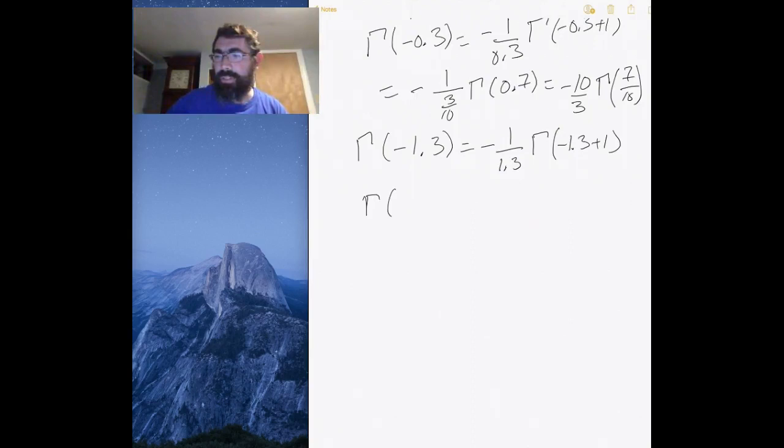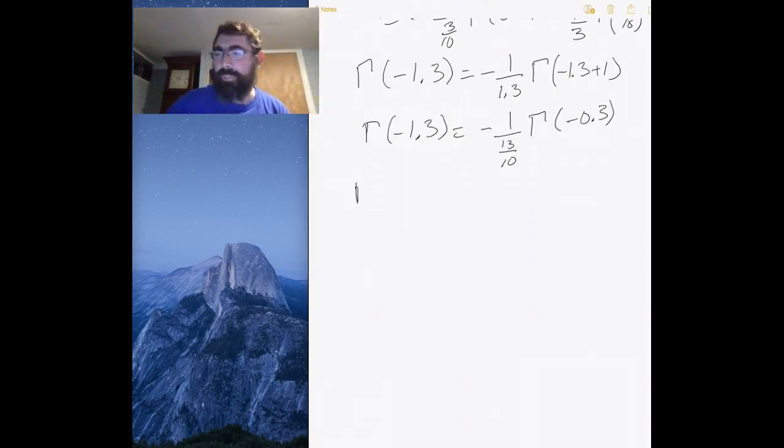So gamma of negative 1.3 is equal to negative 10/13 times gamma of negative 0.3, which we just worked out.